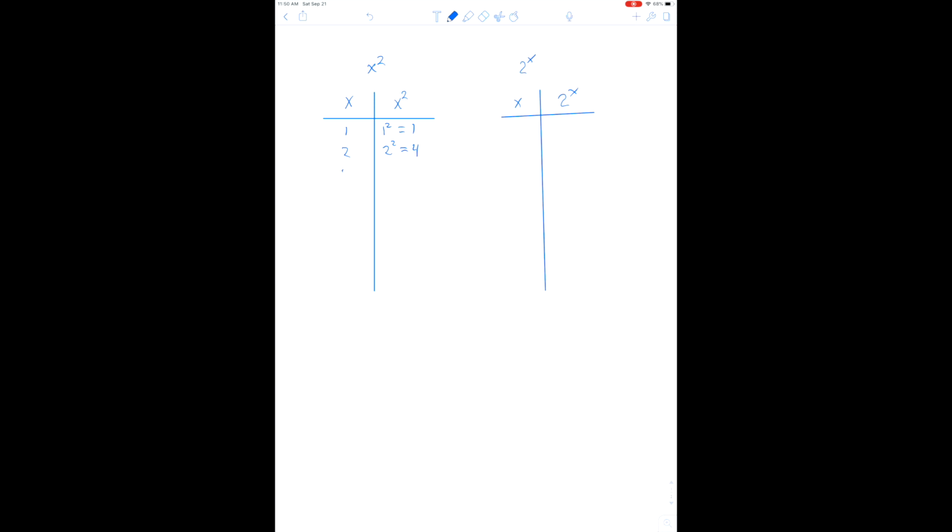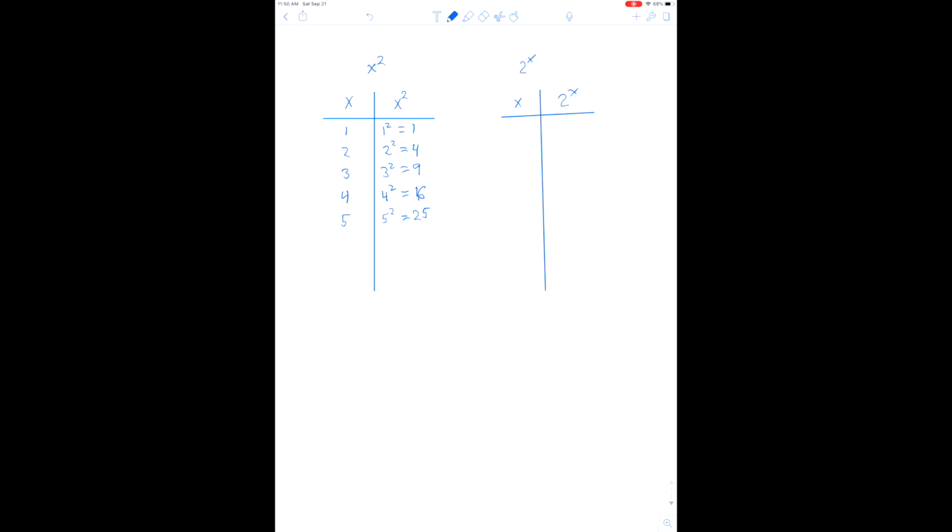And so I keep plugging in a few different values for x and see how the numbers change. So 3 squared was 9, and now we are on 4 squared, and that is 16. And we're going to take one more for 5. 5 squared equals 25.